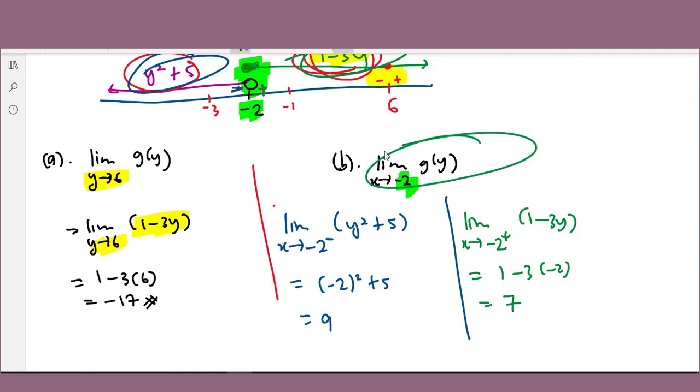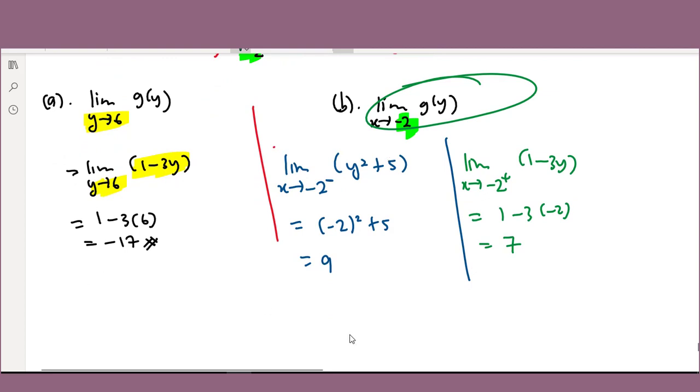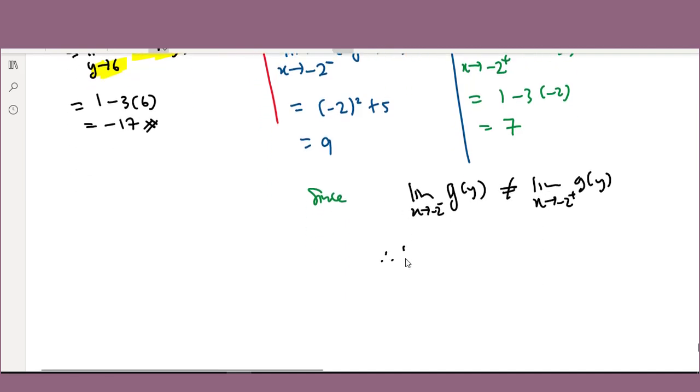So to find this limit: since the limit of g(y) as y approaches negative 2 from the left is not equal to the limit as y approaches negative 2 from the right, therefore the limit of g(y) as y approaches negative 2 does not exist. Okay, so that is number 11.